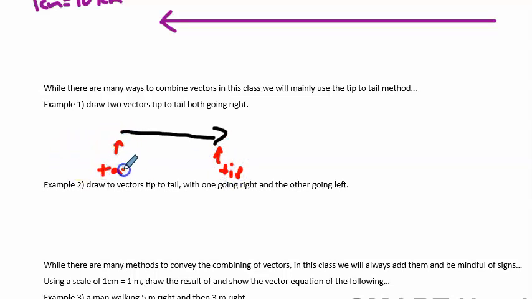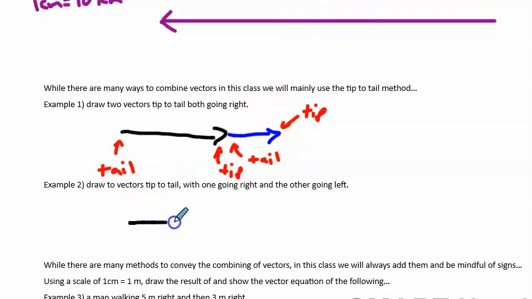So if we're adding 2 vectors tip to tail, we've got one vector to the right and a second vector also to the right. Notice that the tail of this one, the one in blue, is next to the tip of the black one, the one that we drew first, and so it's tip to tail.